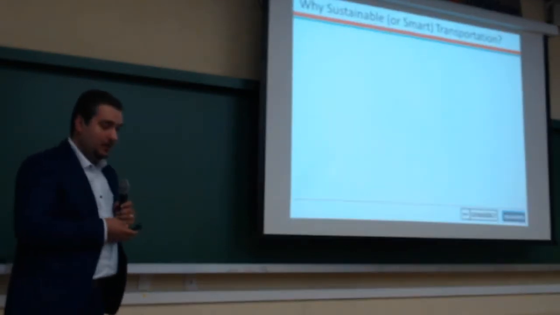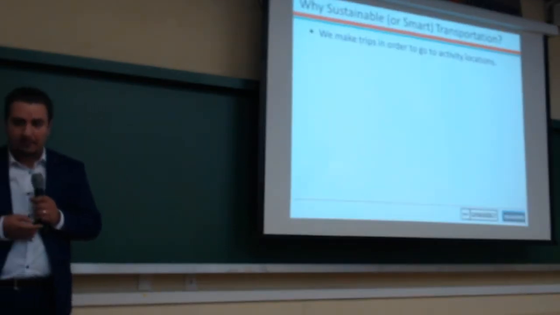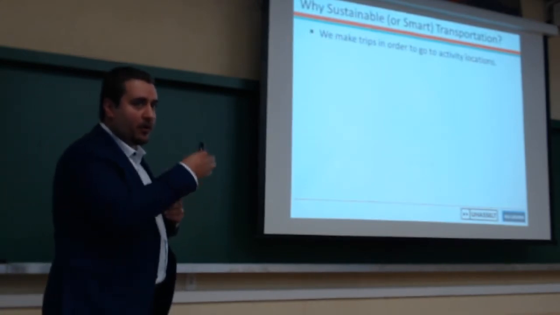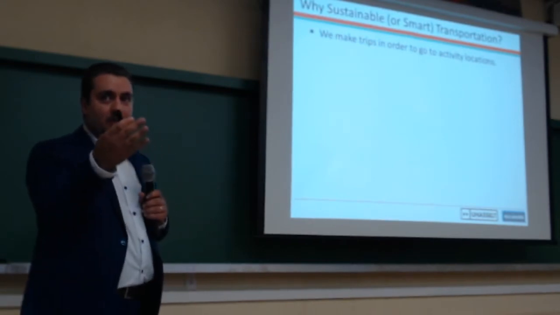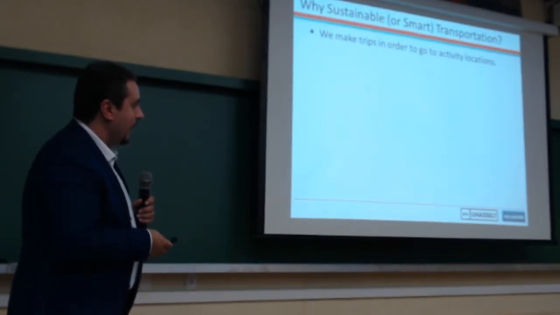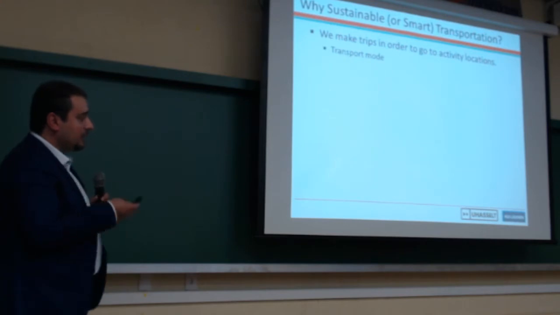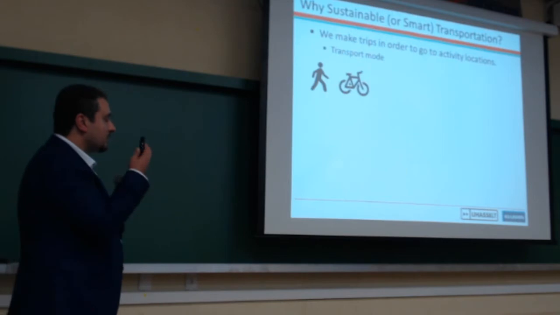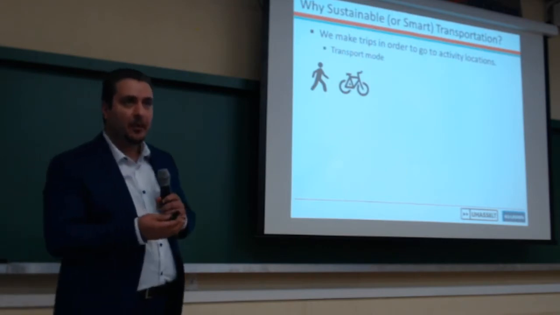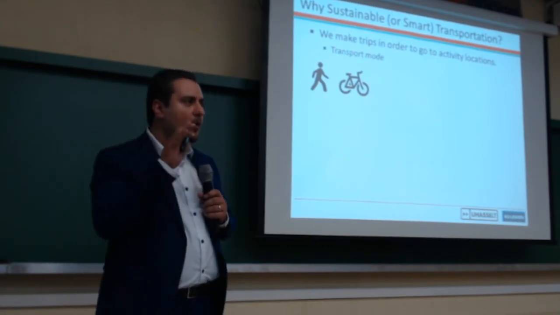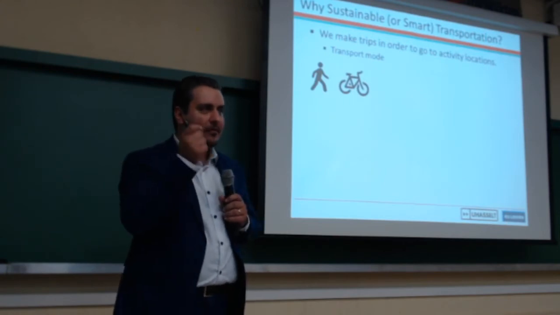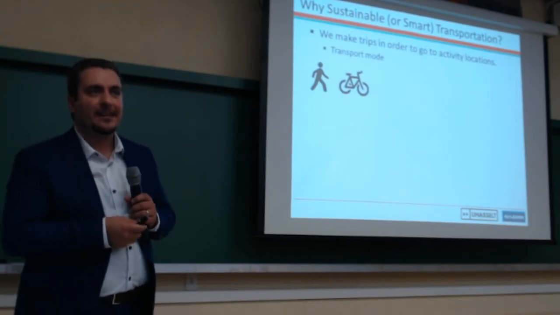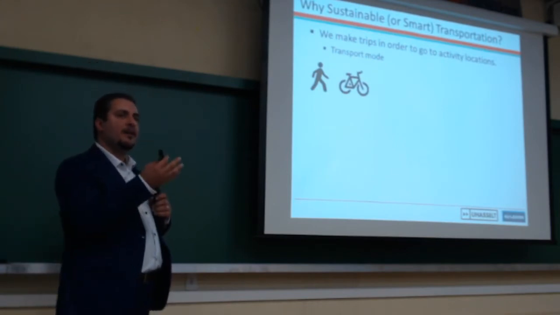But how can we do that? We make trips in order to perform those activities and to go from location B to location A, or vice versa. And there are different transport modes at our disposal. Slow mode, or active mode, because slow mode has a kind of negative effect on people, so they don't like it.